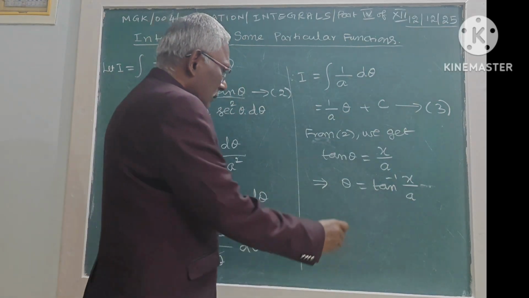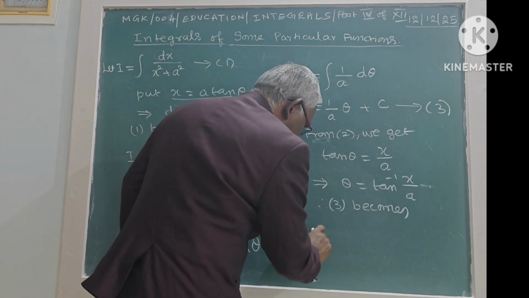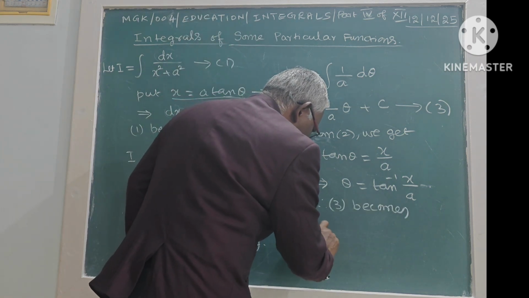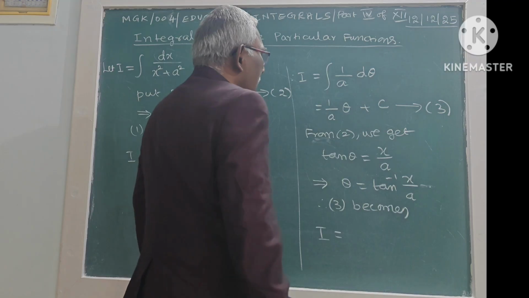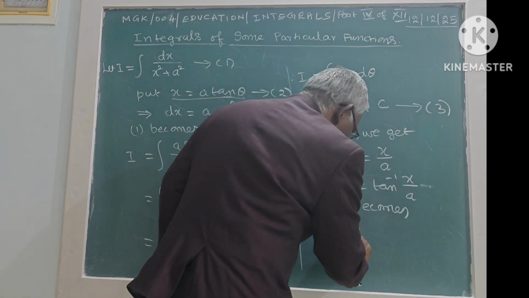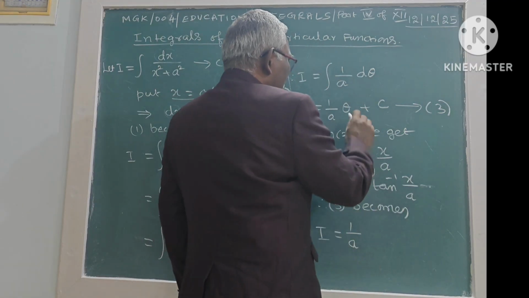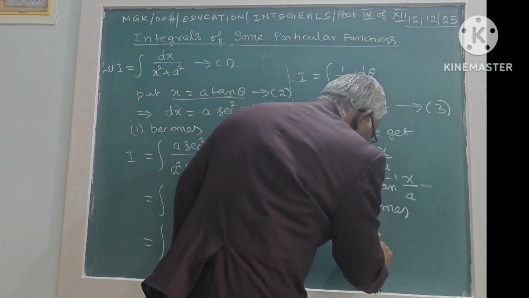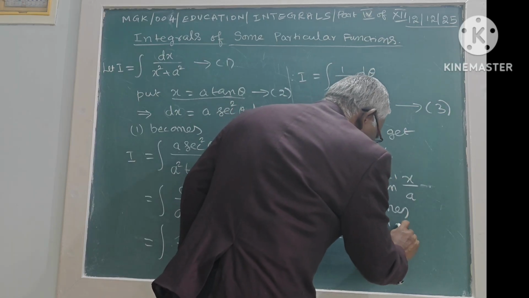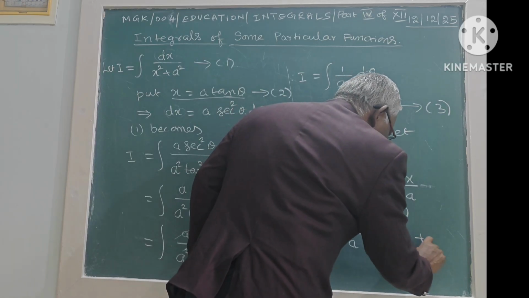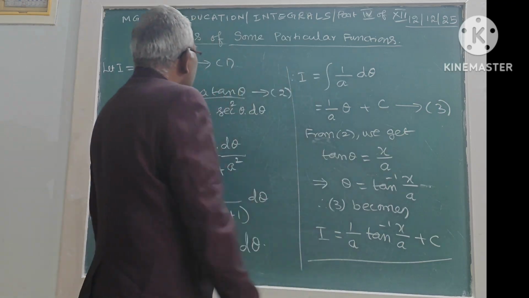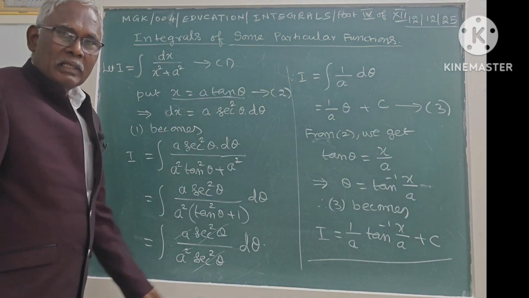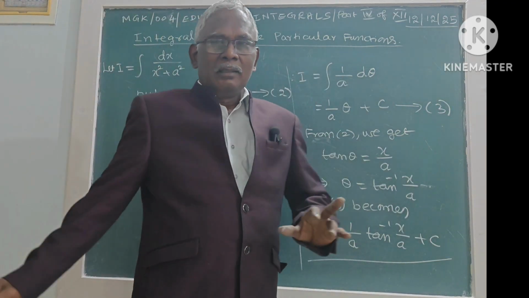Therefore, 3 becomes I is equal to 1 by a, theta is tan inverse x by a, plus constant. So this is the answer.